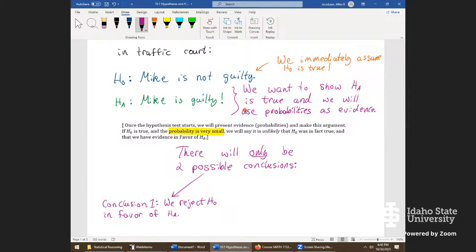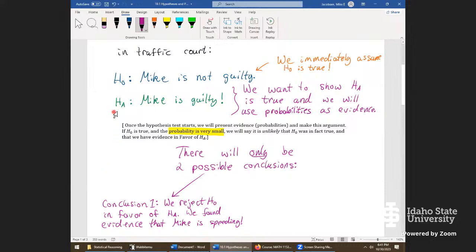What we would probably say in this case is we found evidence that Mike is speeding. In other words, Mike is guilty, and they have found that evidence. It should be strong evidence, and the probabilities when they presented it must have been pretty small. Thinking in terms of statistics. So that's a good case.